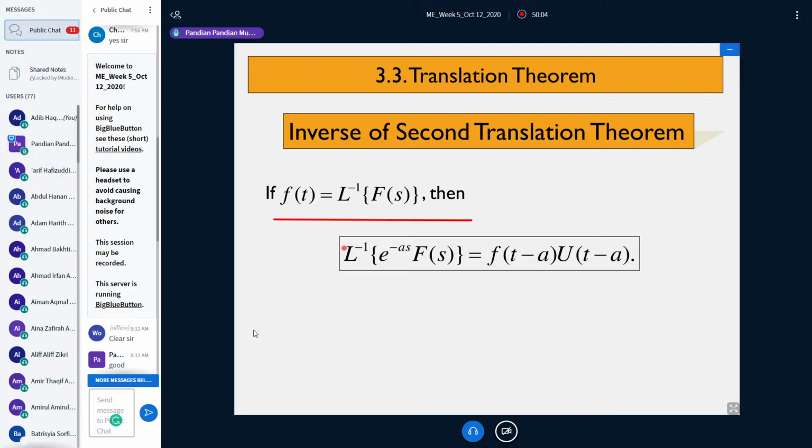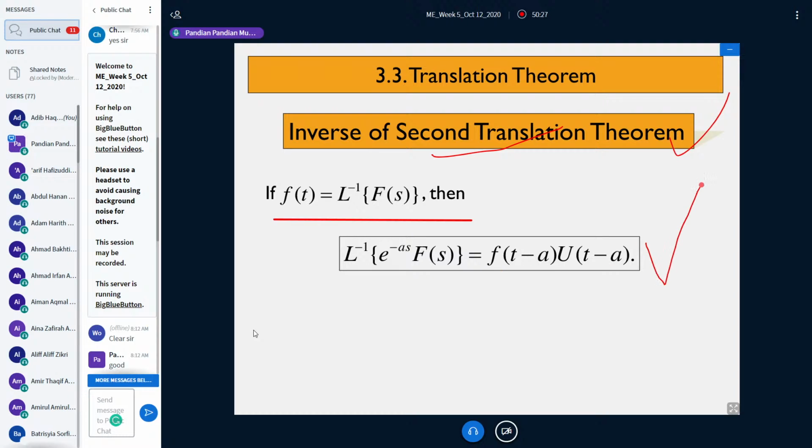Now, how do we use the inverse for the second translation theorem? Laplace of f(t minus a) u(t minus a) is e power minus as F(s). So inverse Laplace of e power minus as F(s) equals f(t minus a) u(t minus a).